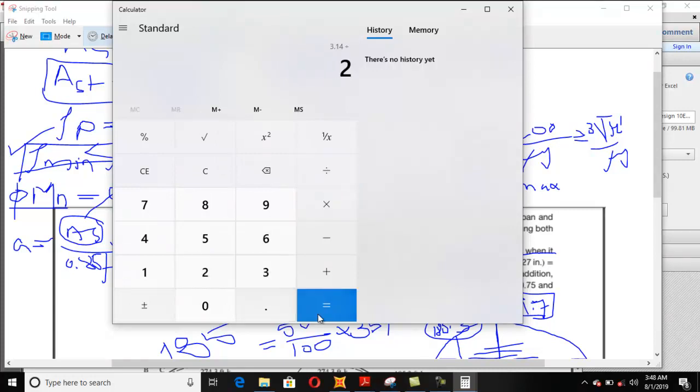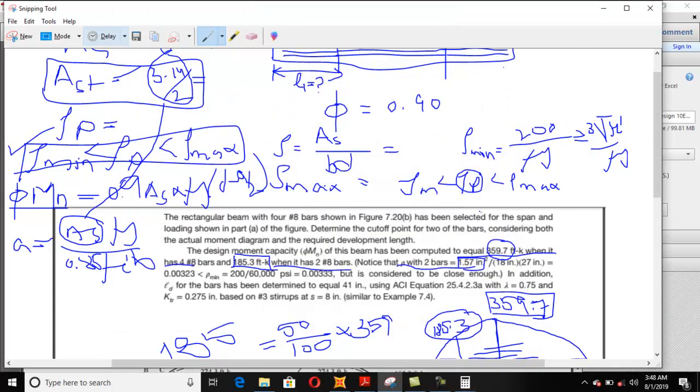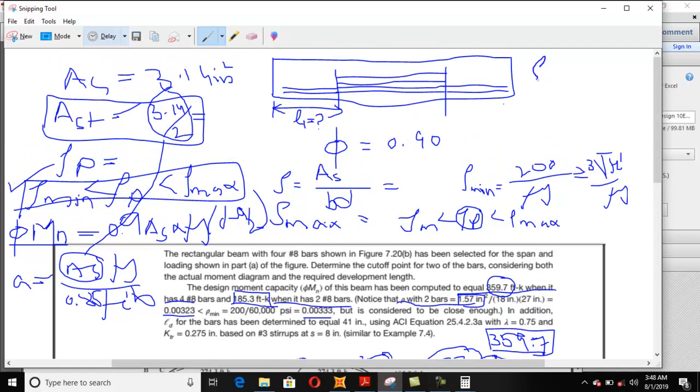Dividing that As by the width and the depth of the beam section gives you the value of rho provided. Your rho provided value is 0.0032, and your rho minimum value is 0.0033.